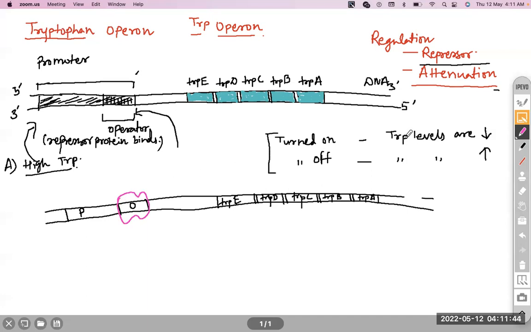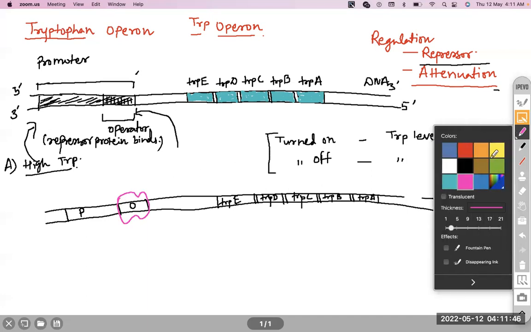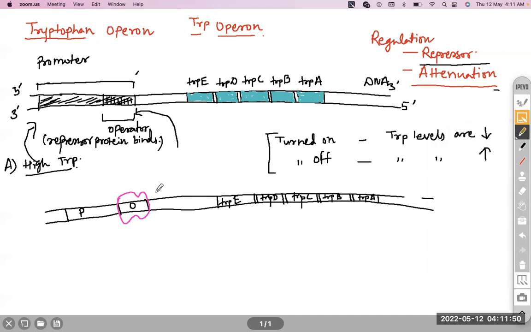Okay, and TRP is bound to it. There is plenty of TRP, tryptophan in the medium. So this is extra, means high TRP.